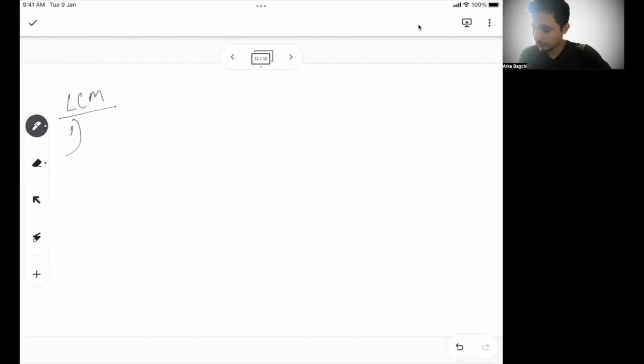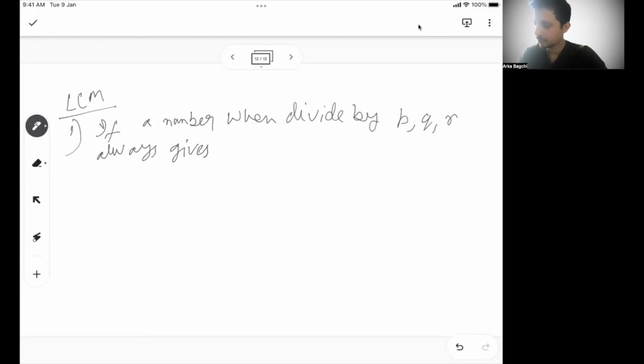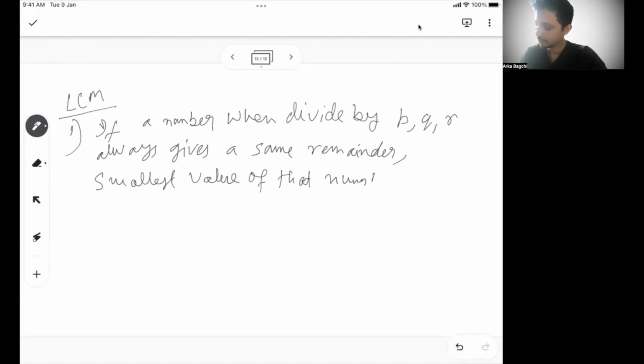The first says, if a number when divided by P, Q, R always gives the same remainder, then the smallest value of that number is equal to LCM of P, Q, R plus the remainder.